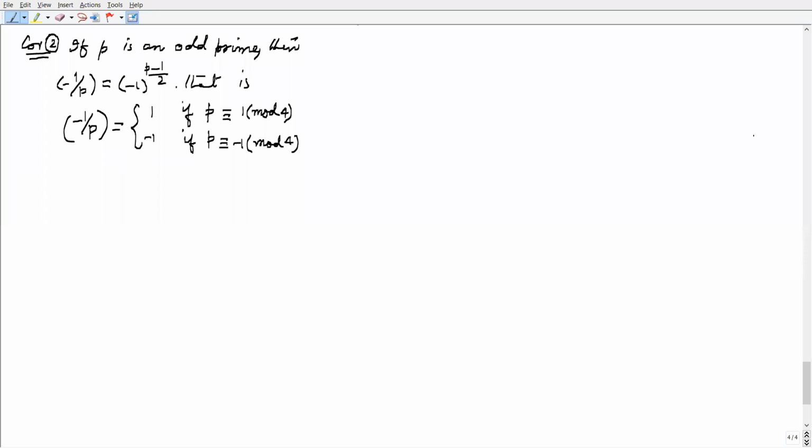Okay, move to the proof of this result. By Euler's criterion, we can apply Euler's criterion here.